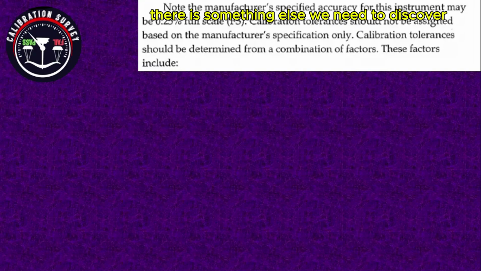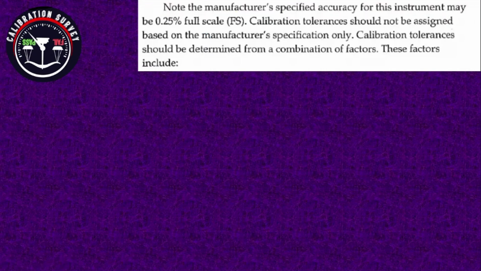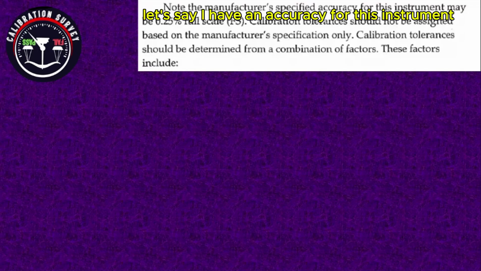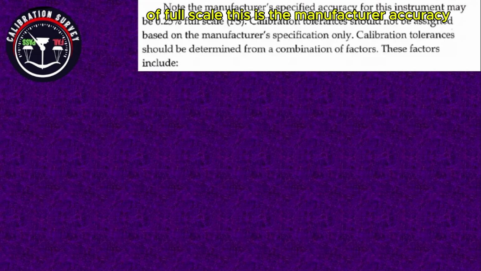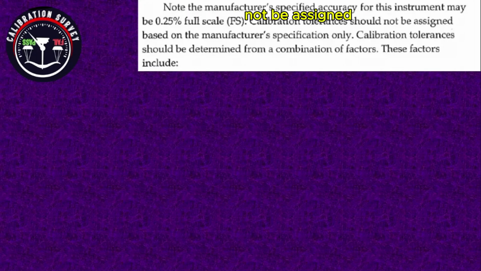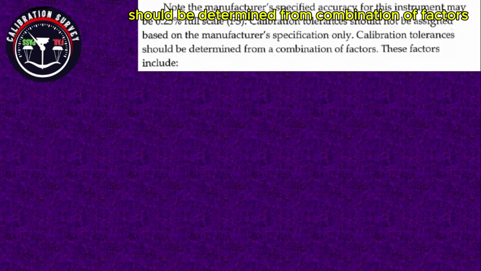There is something else we need to discover. For example, let's say I have an accuracy for this instrument and maybe it is 0.25% of full scale. This is the manufacturer accuracy. The calibration tolerance should not be assigned based on the manufacturer specifications. Calibration tolerance should be determined from a combination of factors.